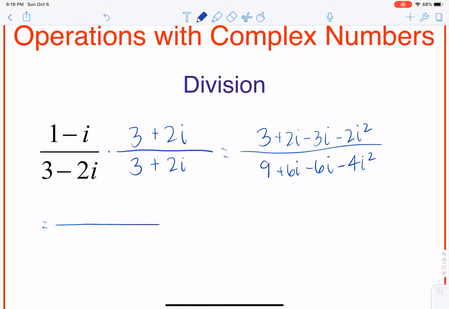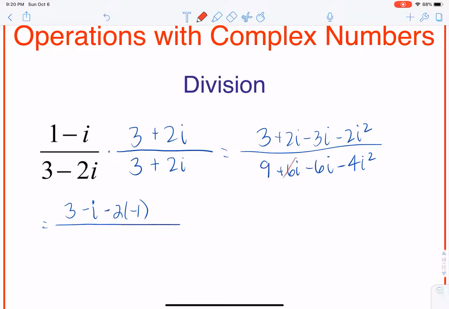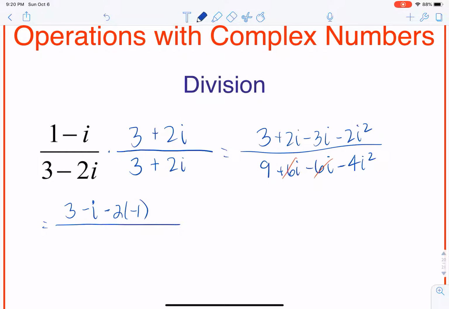And we can go ahead and just continue to simplify. So 3 minus i minus 2 times negative 1. And I'll see here that my middle terms in my denominator end up simplifying out. So I'll get 9 minus 4 times negative 1 over here.